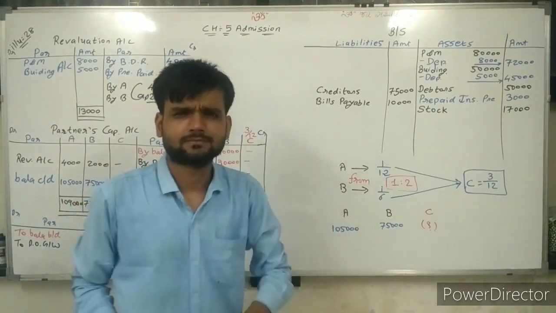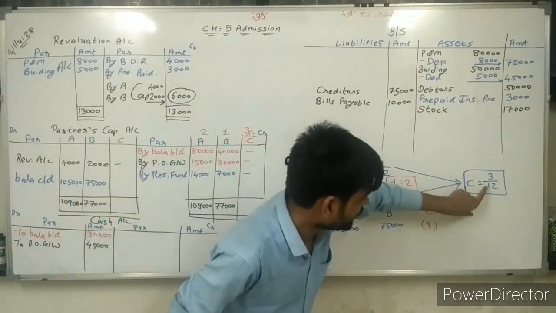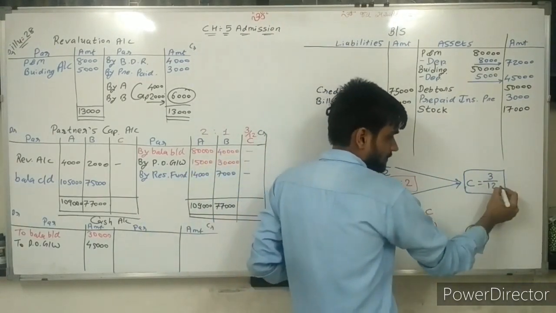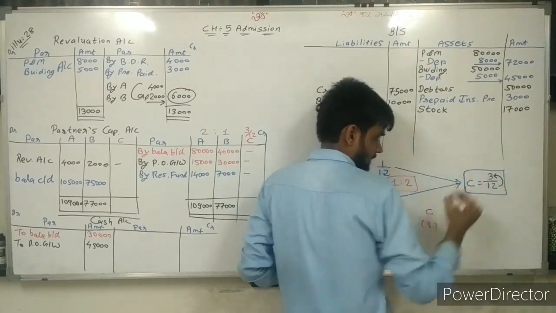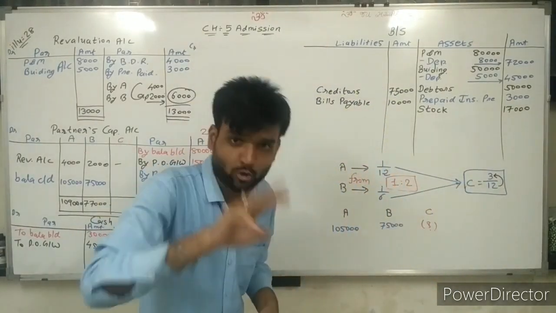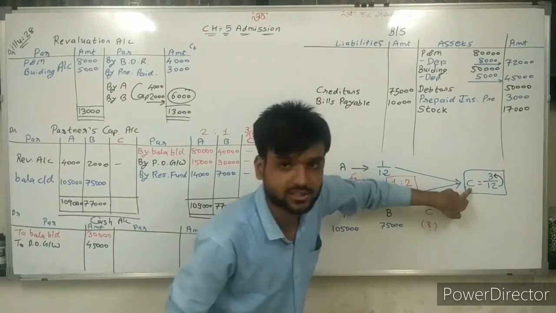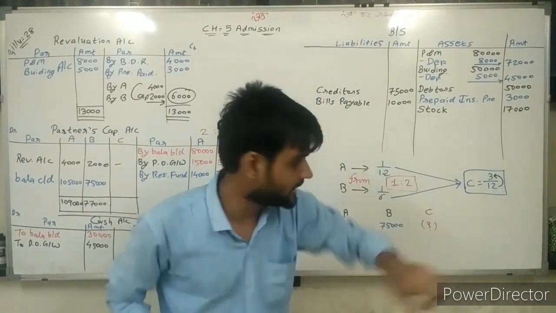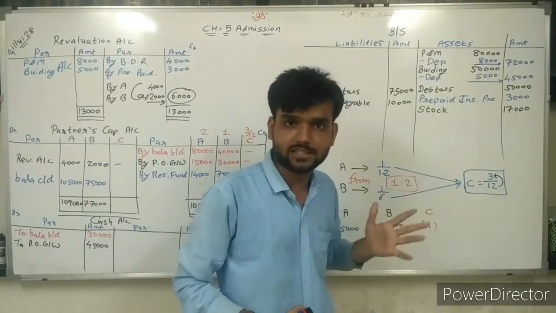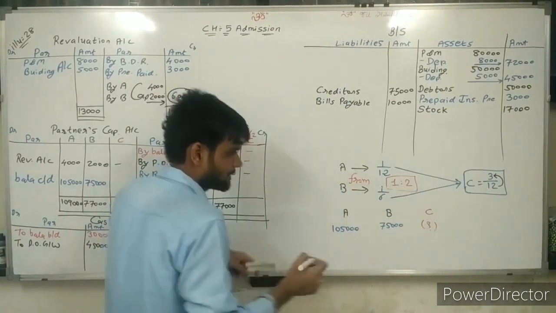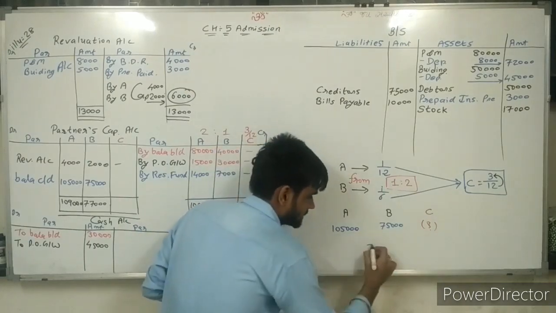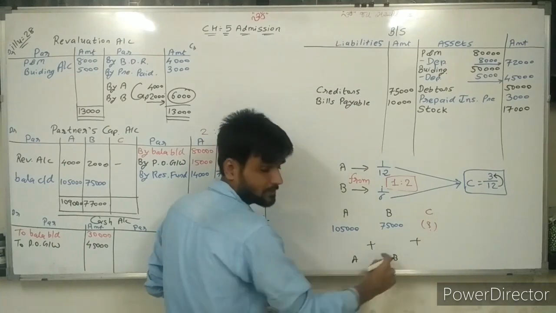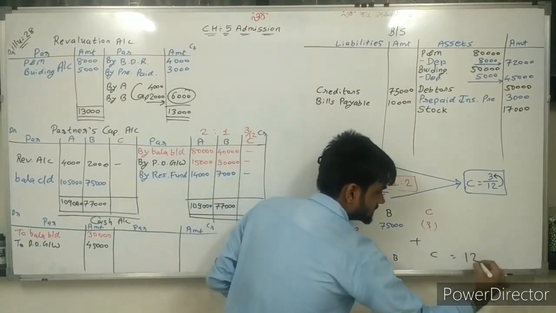I know one thing. If the total is 12, then from 12, 3 is the portion of partner C. So can I say, total of A plus B plus C, total of this 3 is 12.